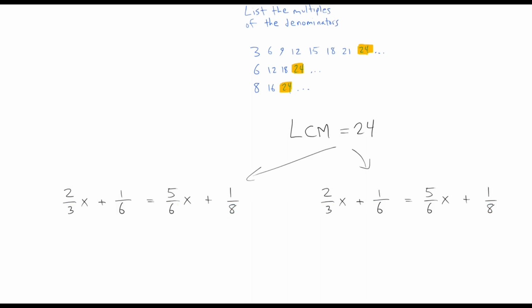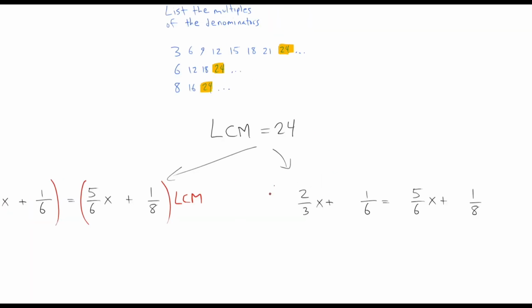One of these approaches involves putting parentheses around both sides of the equation and multiplying the LCM on both sides. So multiplying both sides by the LCM. The other approach is very different though. In this approach, we introduce the multiplication of a fraction times every term in the problem.